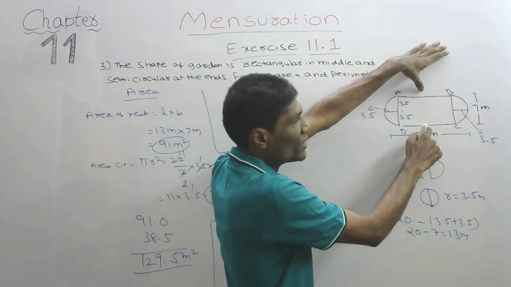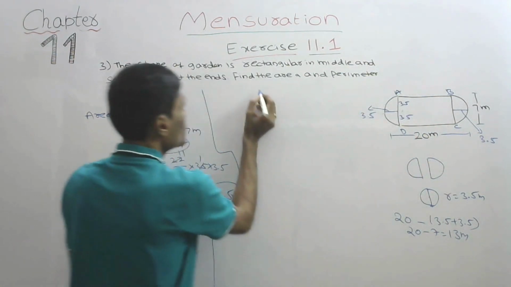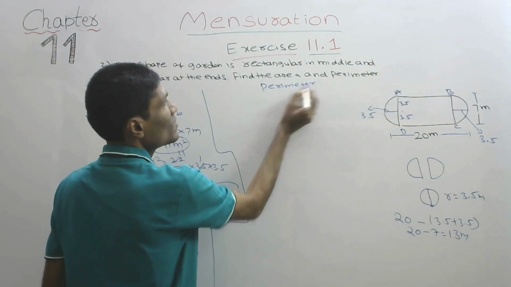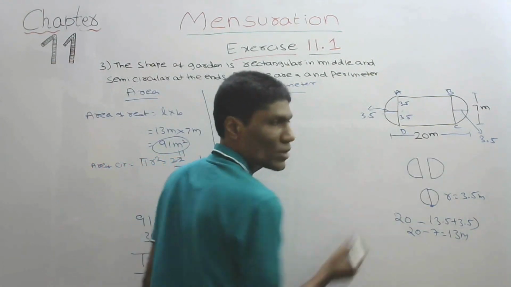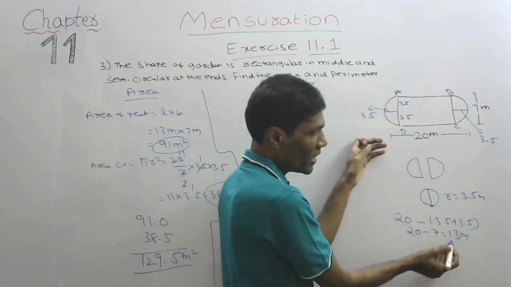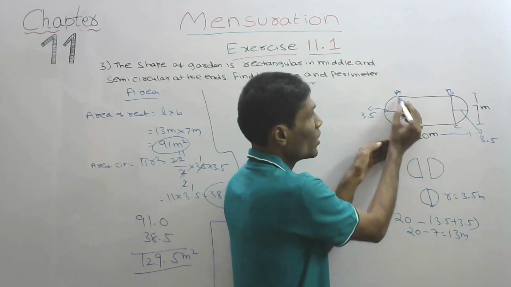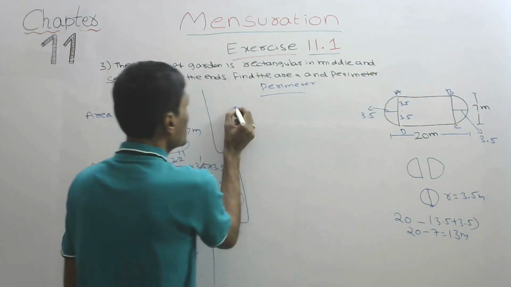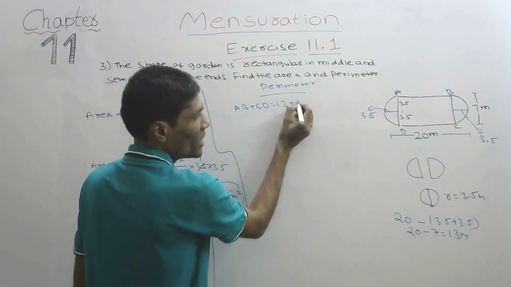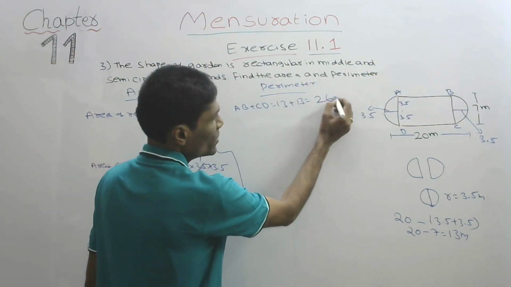So we will add these two. So perimeter. First this part, this is 20. No, this is not 20. When we subtracted, we got it as 13 meters. So AB plus CD equals 13 plus 13, 26 meters.